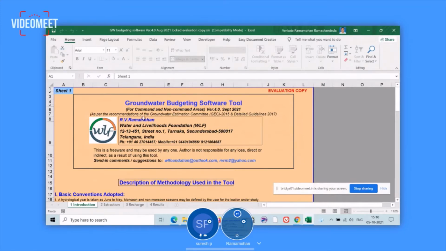On the top, it has the name of the tool and also what is the basis of it, who developed it. These details are already displayed. The tool follows the Groundwater Estimation Committee latest report, which came in 2015, and the detailed guidelines for the same, they have come in 2017.